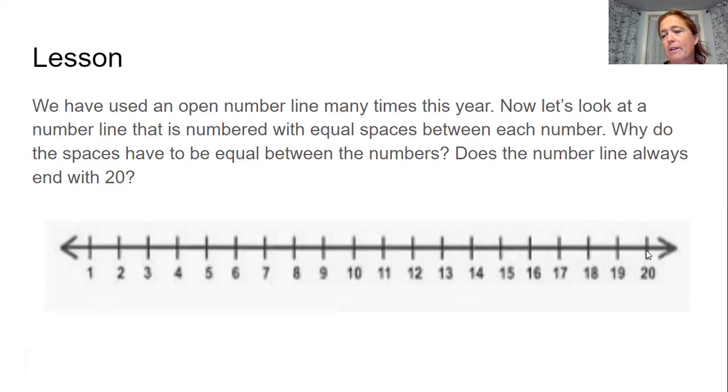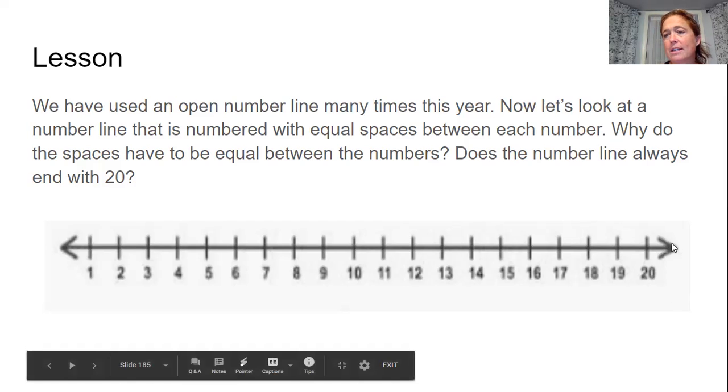So, for example, if I were to put a 20 here and my 19 all the way over here, my jump from 20 to 19 is not the same as my jump to the next number, which is closer. So all of them have to be equal jumps, so they have to have equal distances between each number.